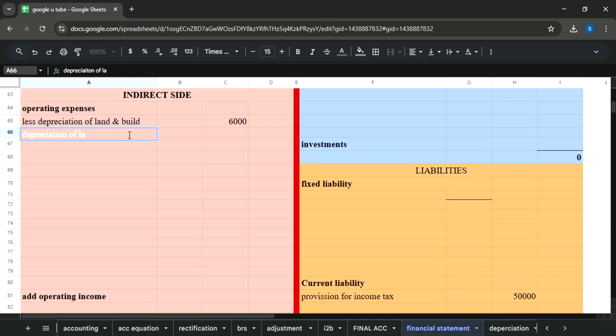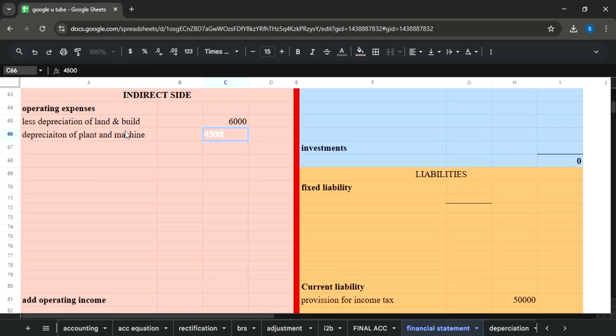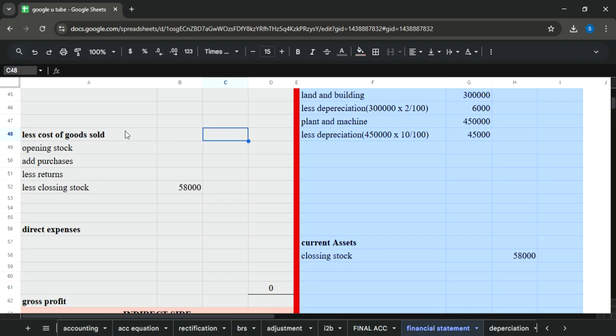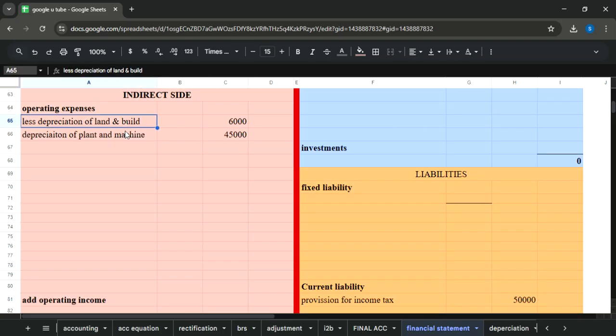Now let's go to the operating expense side, and here depreciation of plant and machinery would be mentioned, and I think 45,000. Let's see. Yes, 45,000 would be the depreciation.